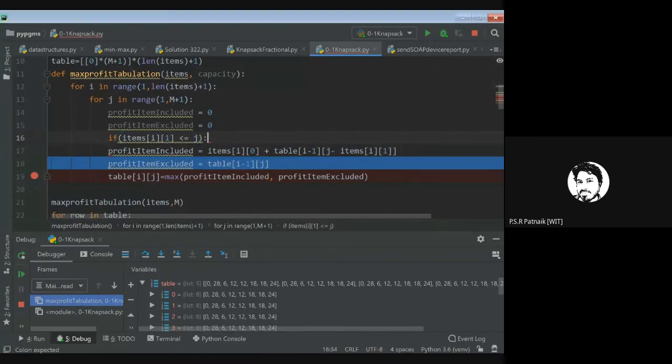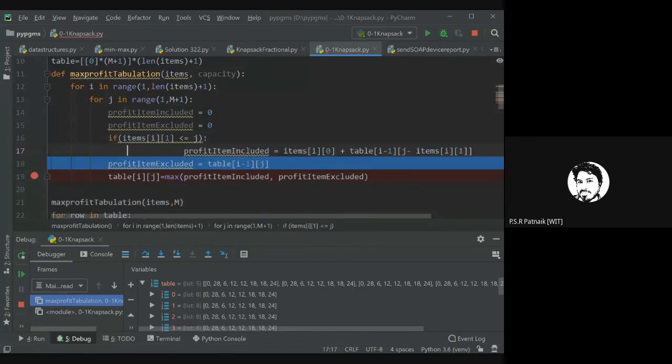If that is the case, only then calculate the profit for inclusion. If it is not, the profit has to be zero, because you cannot include it. So I think now it should work.